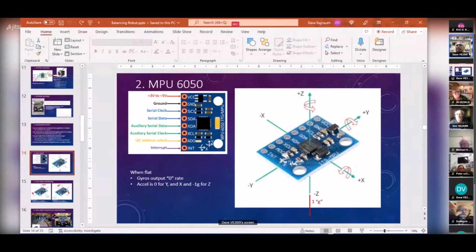So when this is flat, it's going to see a 1g acceleration due to gravity. The minus z axis will come out and say it's 9.8 meters per second squared, or an acceleration of 1, which we say is 1g. So it'll measure minus 1g.